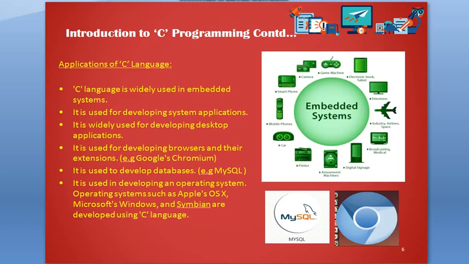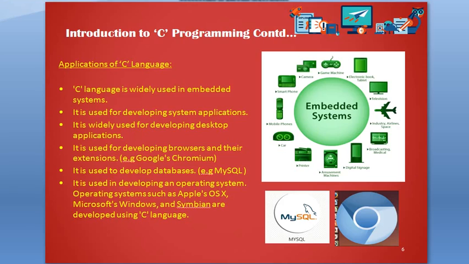Third point is given, it is widely used for developing desktop applications. Desktop application in the sense, in Microsoft Windows, we are running so many desktop applications, so many apps. So those kinds of apps also can be developed by using C language.